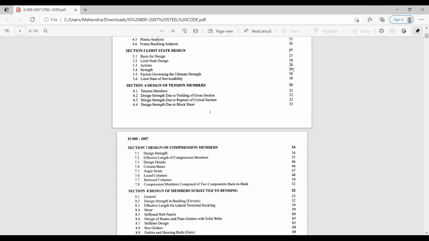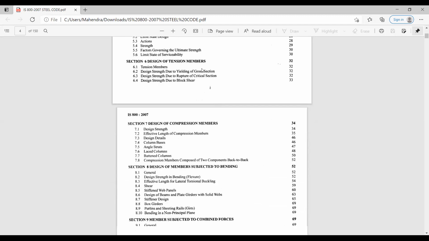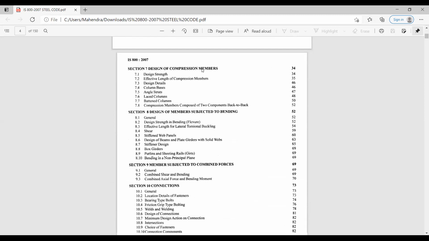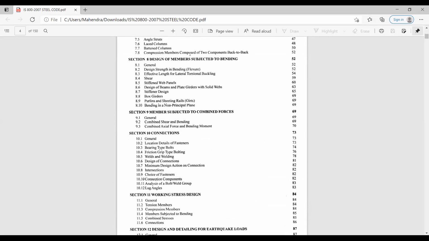Then again, the next chapters are there: the design of tension member, design of compression member, then design of member subjected to bending. When we will solve the sums, I will tell you. Yes, I will share this PDF in your WhatsApp group.